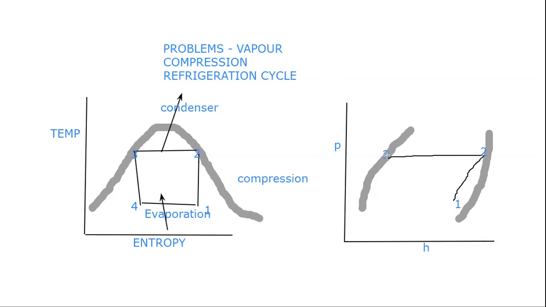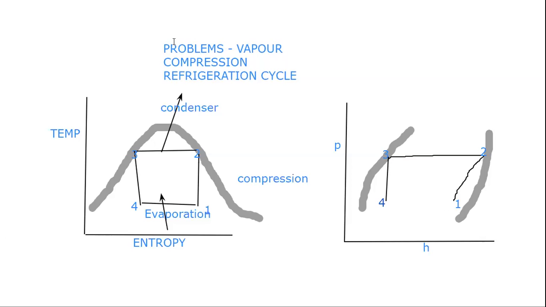Why? Because it is an isenthalpic process. That means the enthalpy will remain the same at point 3 as well as point 4, right? So that's why that is a vertical line on the pH diagram. So now our isenthalpic expansion process is over on the pH diagram.